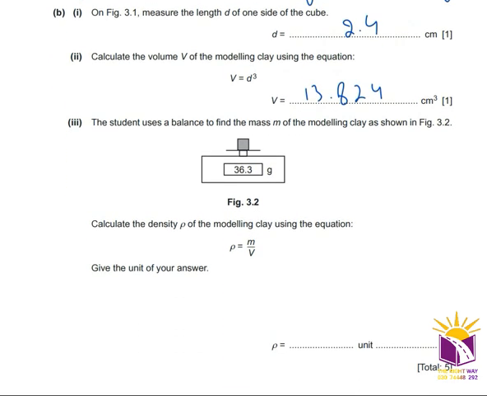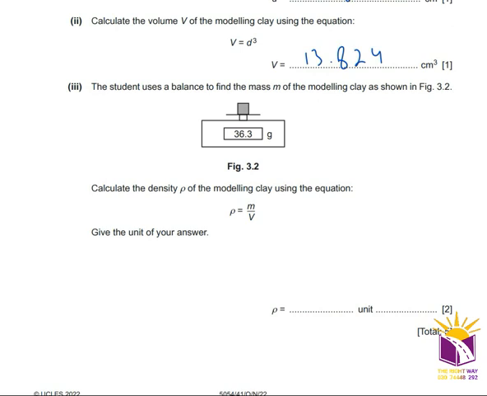The student uses a balance to find the mass m of the modeling clay as shown in figure 3.2. Calculate the density of the modeling clay using the equation rho equals m over V, density is equal to mass per unit volume. Give the unit of your answer. Now mass will be equal to 36.3 and volume will be equal to 13.824.